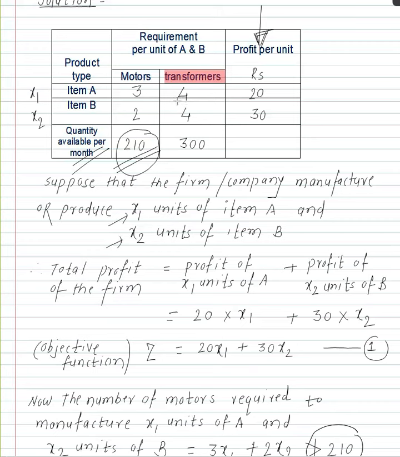Each item of A requires 4 transformers. Similarly, each item of B requires 4 transformers. So x1 units of A will require 4 into x1 transformers and x2 units of B will require 4 into x2 transformers.